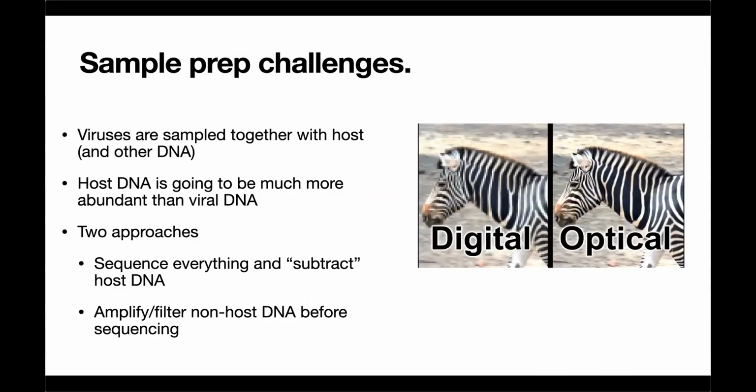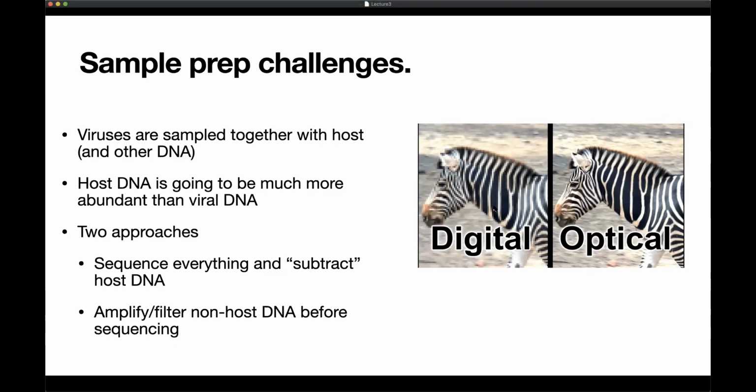And one of the things you can also do is make your analysis much simpler by doing more work at sample prep. If you've done any kind of photography, I tend to think of this as digital zoom versus optical zoom. You can try it on your phone, even phones have it.